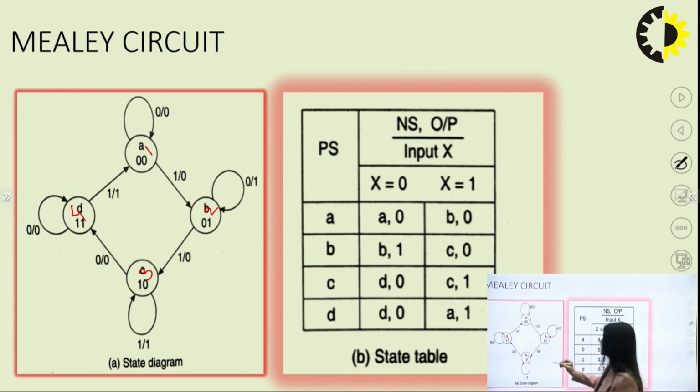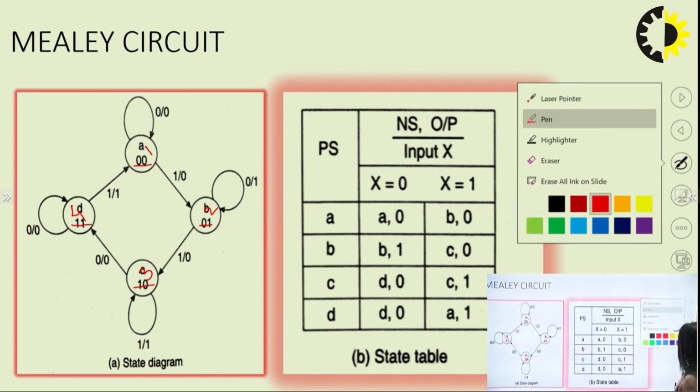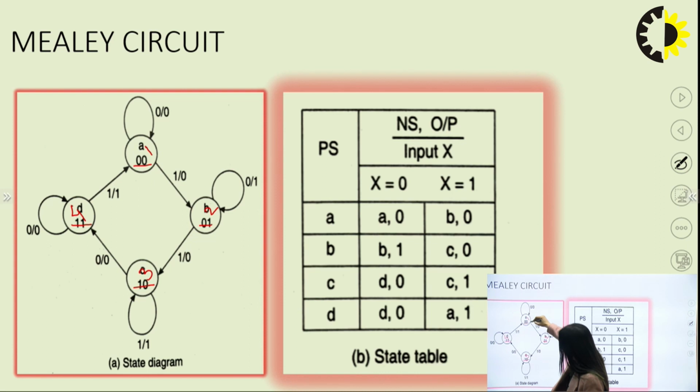The first state is represented by 00, the second state by 01, the third state by 10, and the fourth state by 11. Some directed lines are also there, as we can see from A to B, from A to A, from B to B, from B to C, from C to D, from D to A, from D to D, and from C to C. These are the directed lines.